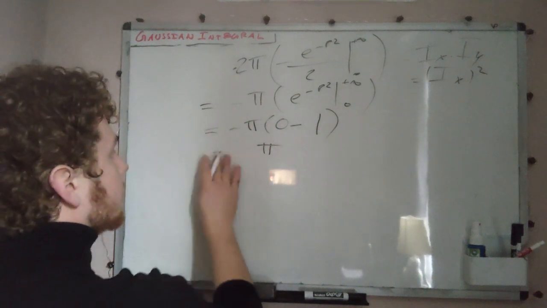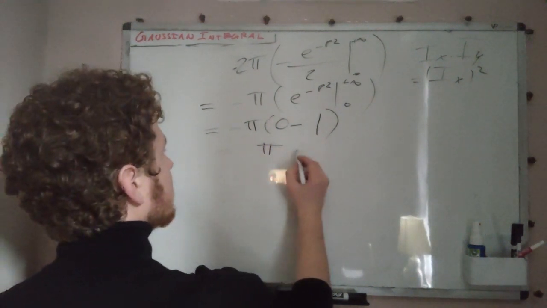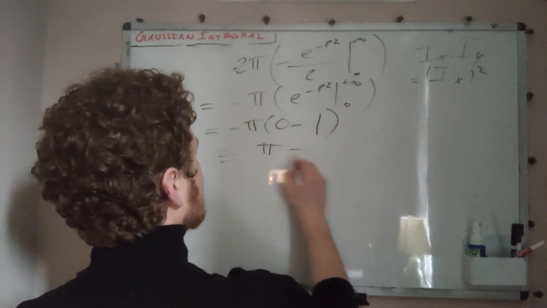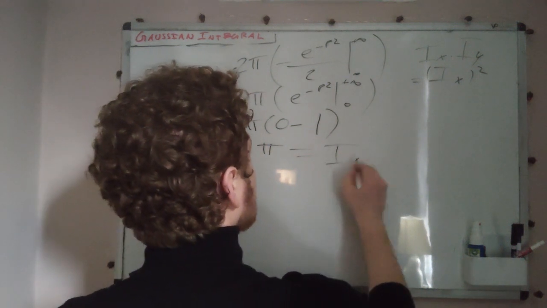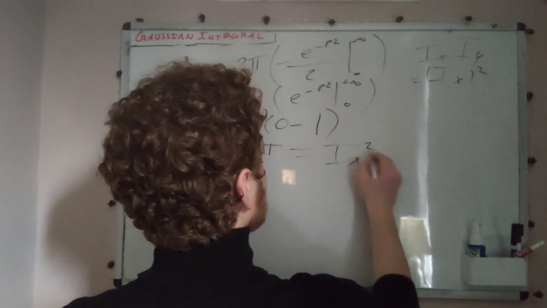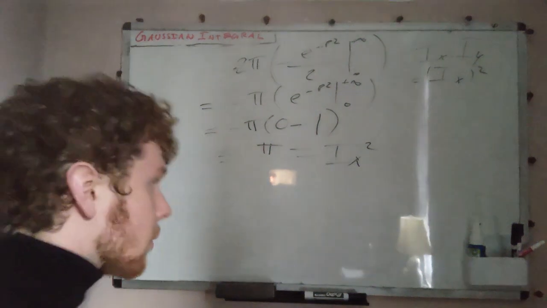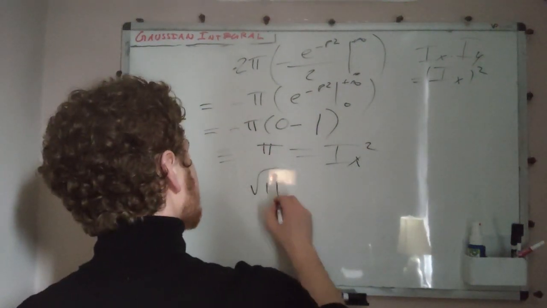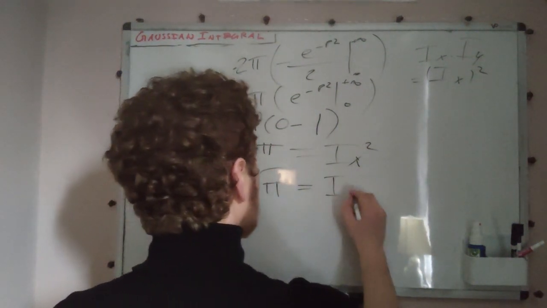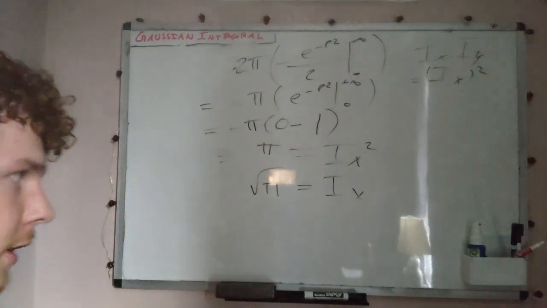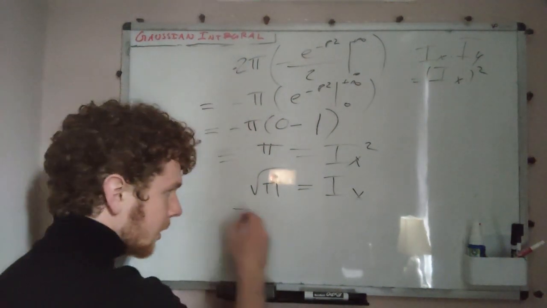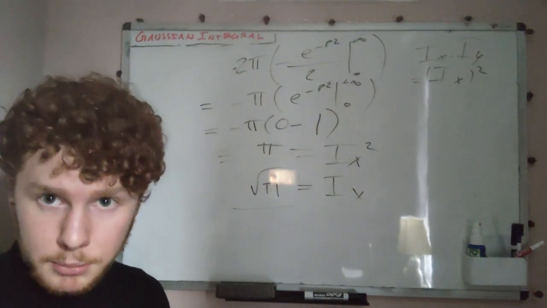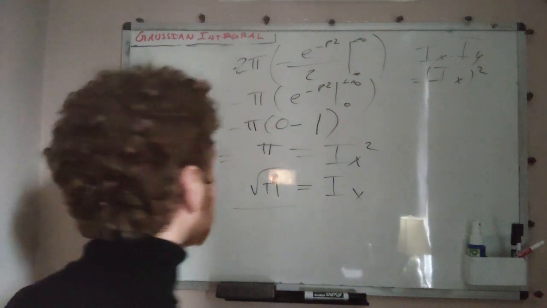So what we really found is I sub x squared. So we then take the square root of π, which is equal to our integral with respect to x. Bada bam, bada boom. We have done it.